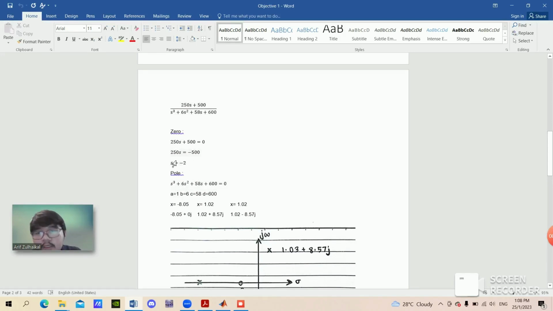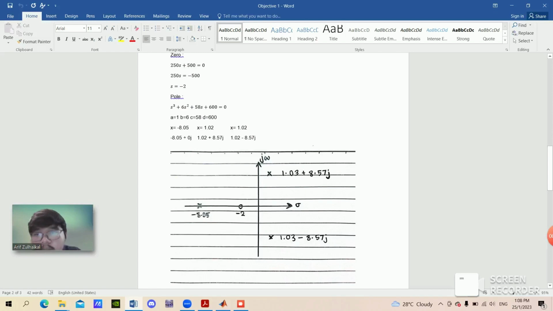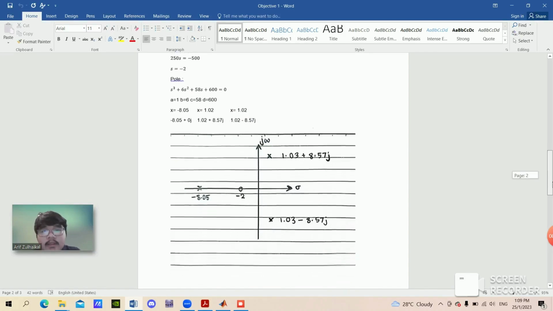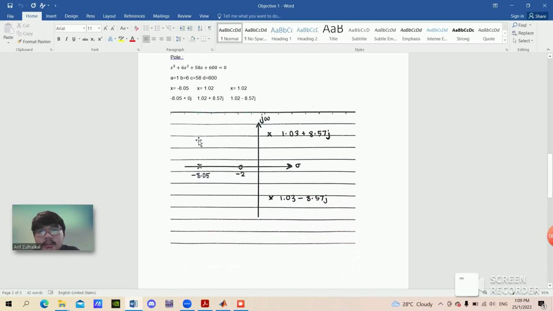For the zero, s equals minus 2, and for the poles, there are three: first, negative 8.05 plus 0j; second, 1.02 plus 8.57j; and lastly, 1.02 minus 8.57j. I already drew the diagram.